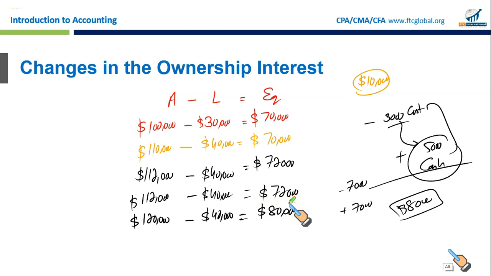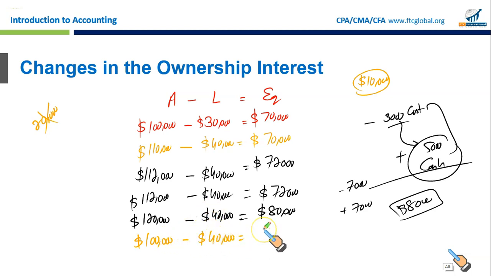All right, let us discuss another example. Let's say there is a fire and goods worth $20,000 have been burnt, and these goods were not insured. It's a loss. $20,000 worth of goods gone. Balance of assets $100,000. Liabilities stay the same.